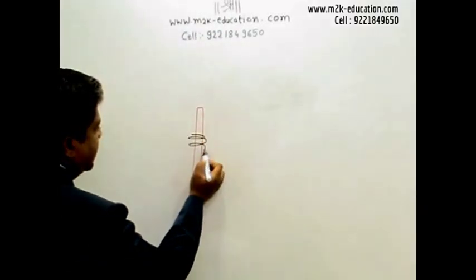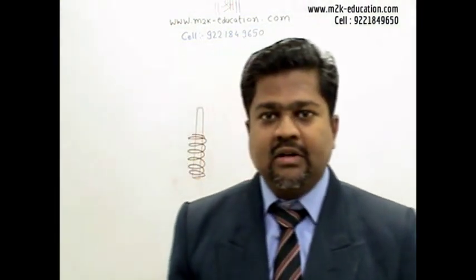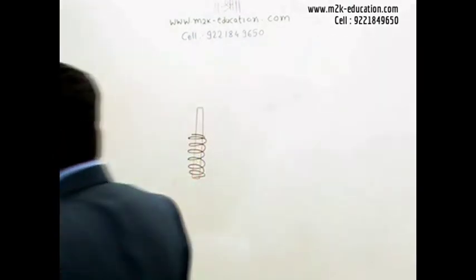This soft iron, I am just explaining the scheme, so the diagram is not perfect. It is coiled with copper wire, which we call the winding. So the soft iron is in contact with the winding, that is, copper wires.